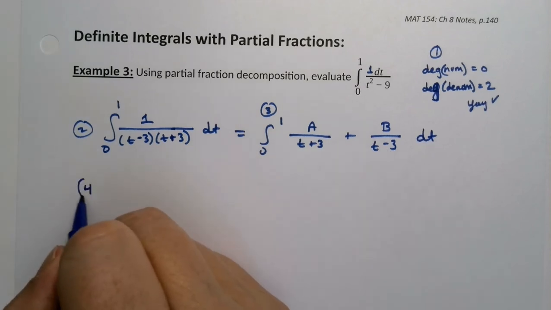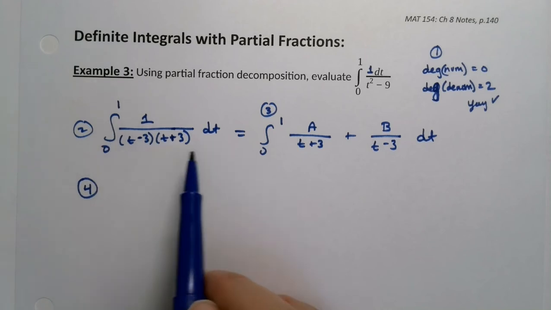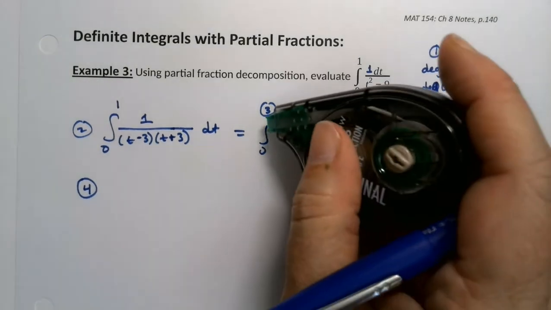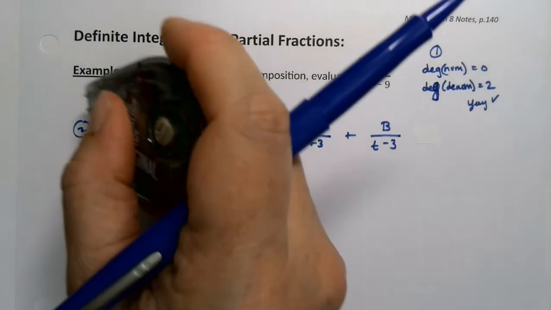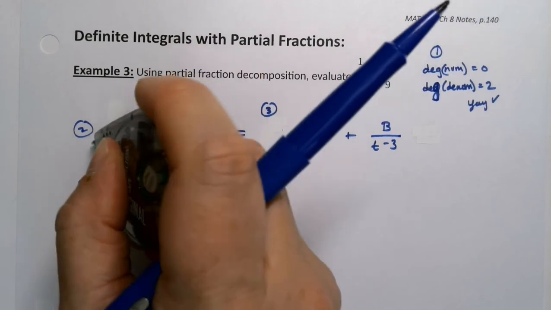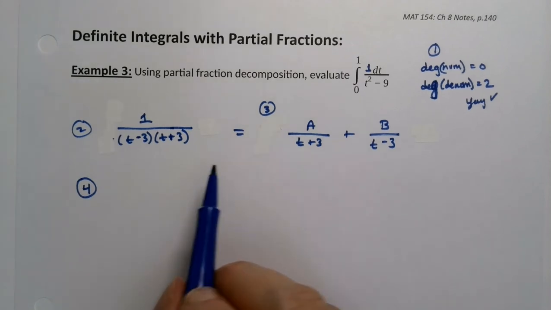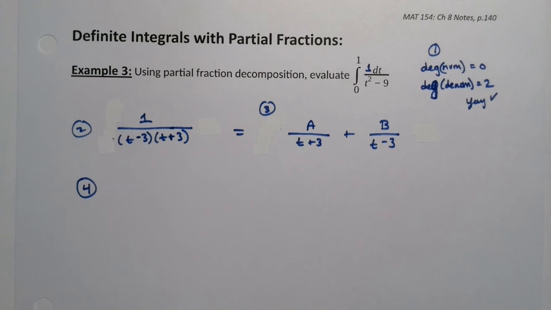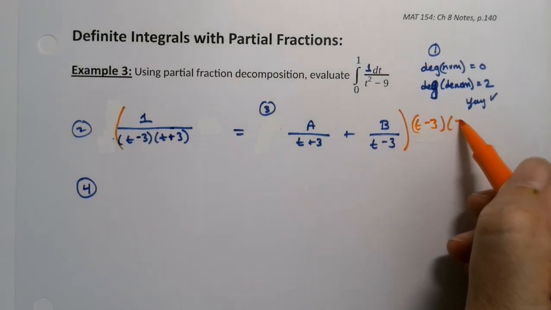Step 4, I need to make the equation. Don't worry about the integral parts. I'm not working with integration right now. I'm only working with the fraction part, the integrand. So I'm going to get rid of all of that. Then you multiply everything by that common denominator of t minus 3, t plus 3.